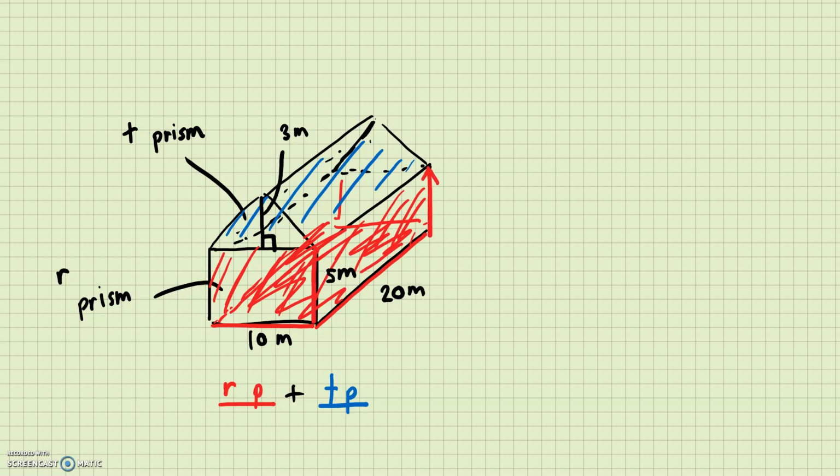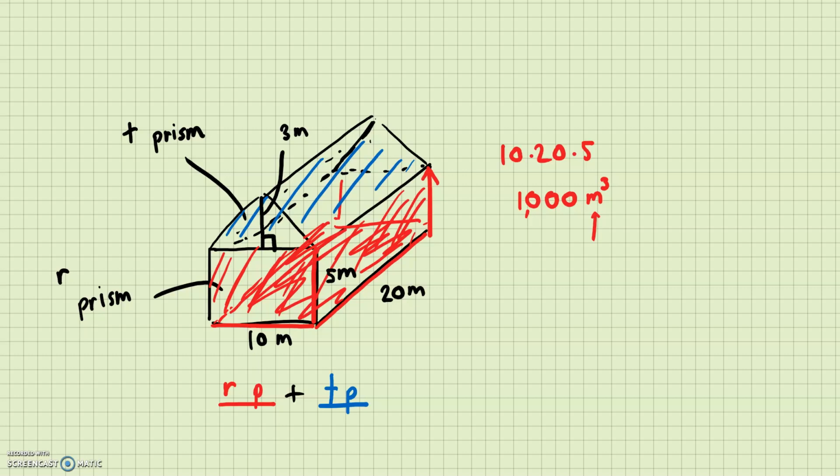So 10 times 20 times 5 is going to be 1,000 meters cubed. And by the way, please use the right unit for volume.